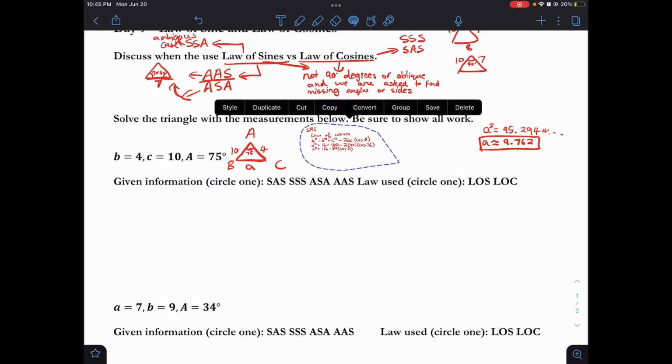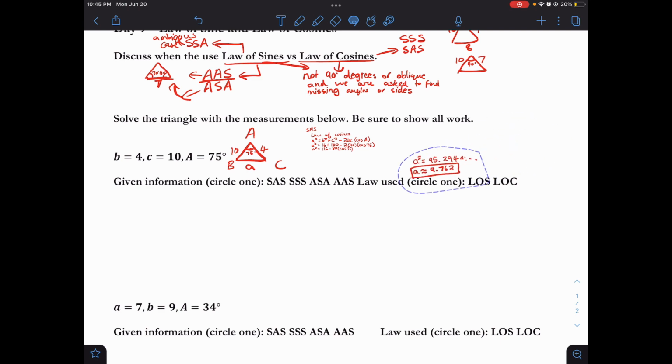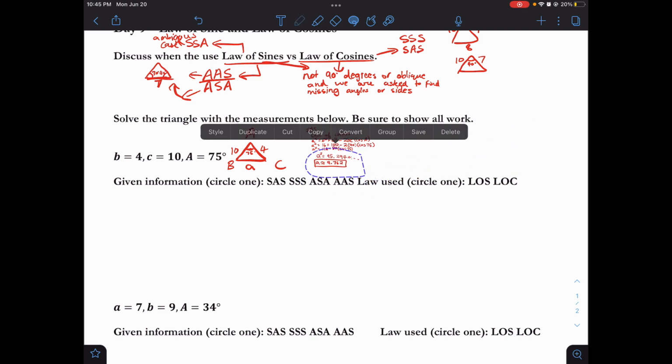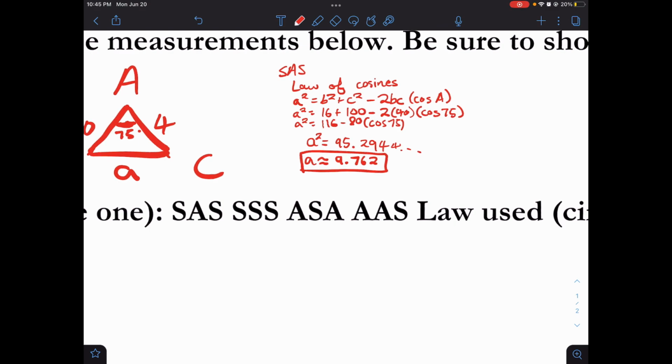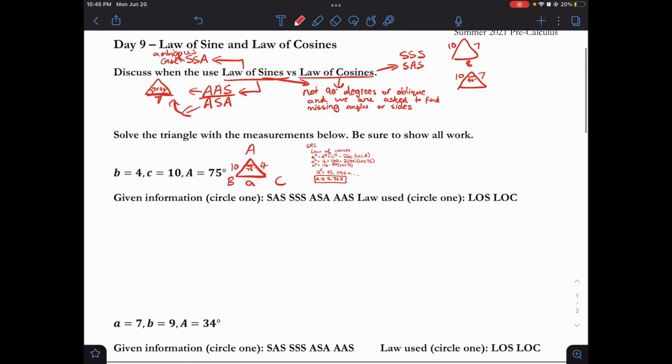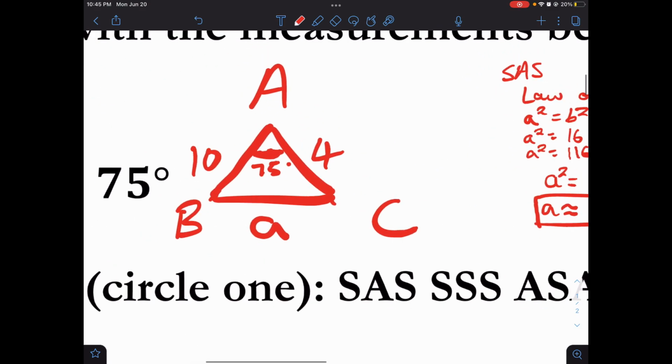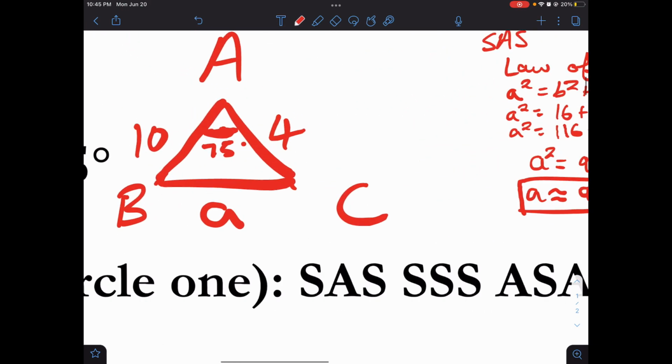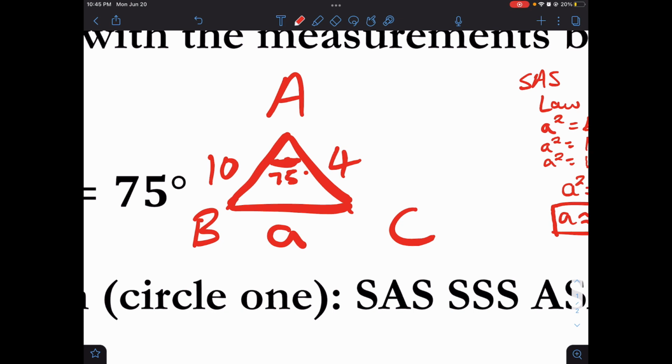Our a goes over there, so that's one value right here. Now for our second value, we have to find this value and then use it to find this value, and then we have everything. So let's find the angle measure of B.